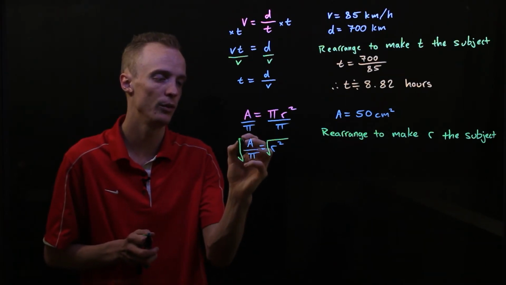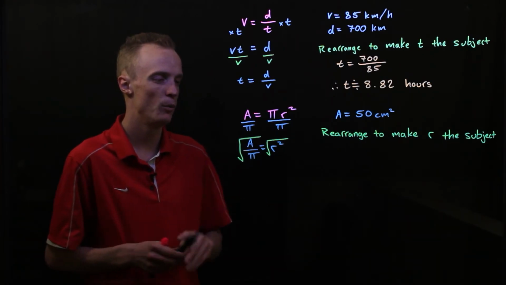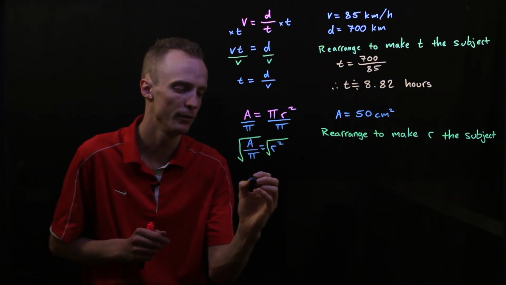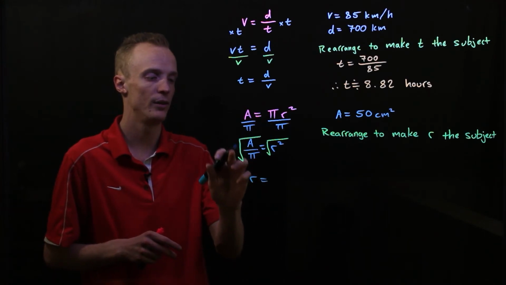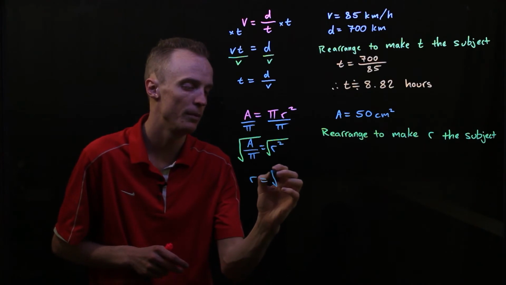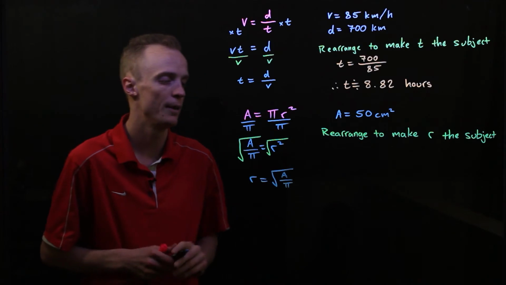So I must also square root the left-hand side of the equation here. And now, once I've done this step, I've got the r on its own. So I'm going to write r on the left-hand side here, and it's going to be equal to the square root of the area divided by pi. So my radius is going to be equal to the square root of my area divided by pi.